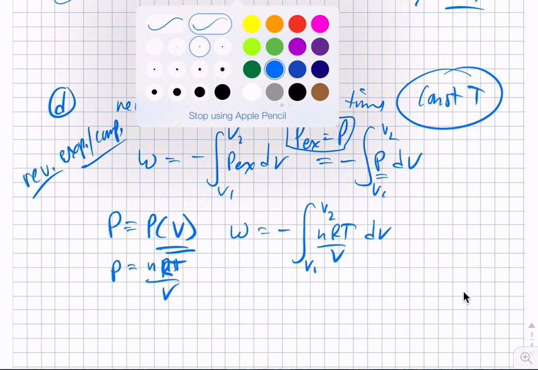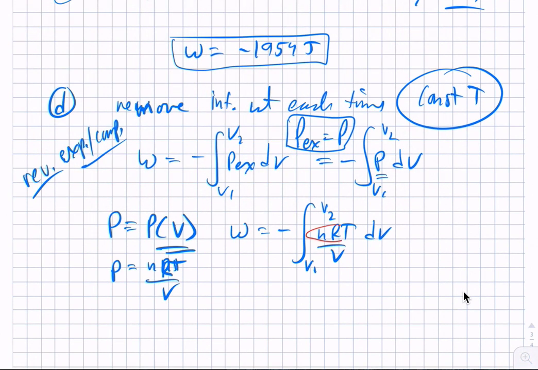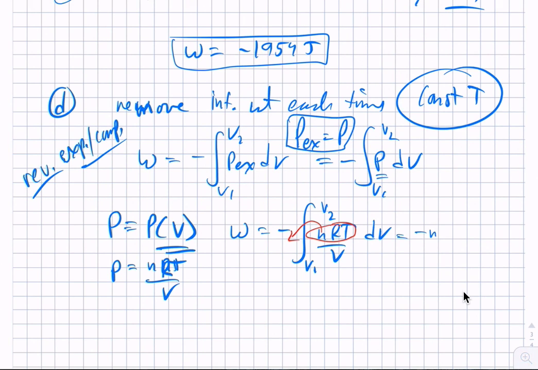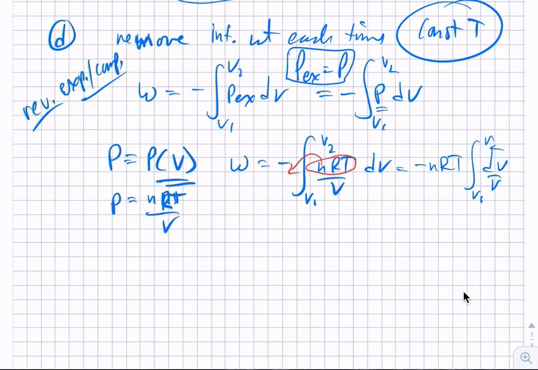And as it turns out, we know that nRT is a constant. It can go outside the integral, and we're going to have minus nRT integral dV over V from V1 to V2, and we can integrate that, and that will be equal to minus nRT natural log of V evaluated at V1 and V2, which then will just be minus nRT natural log of V2 over V1.